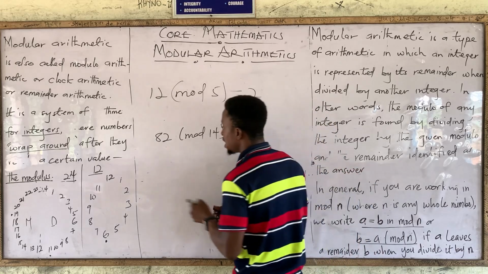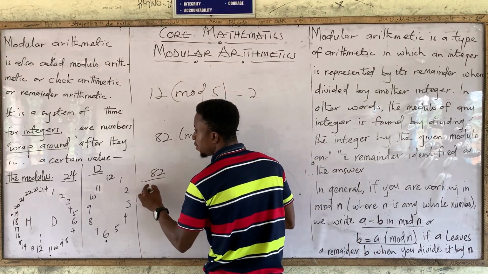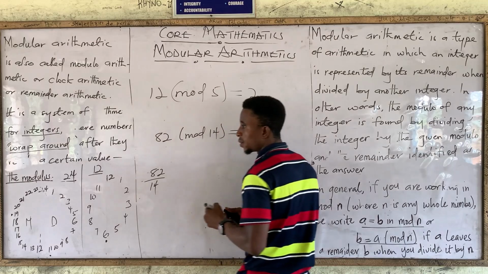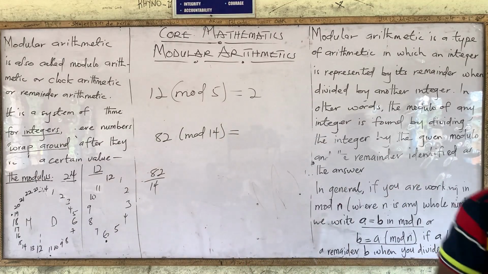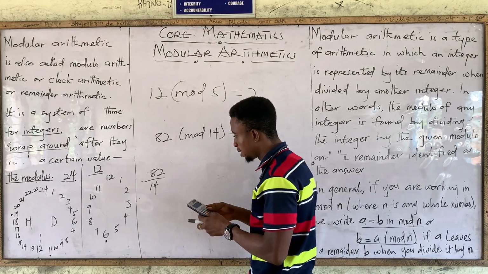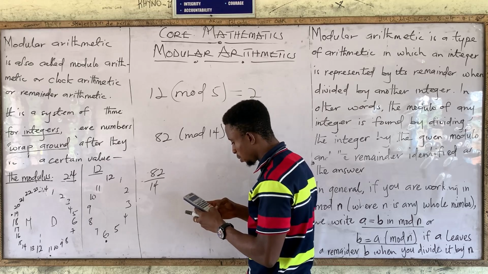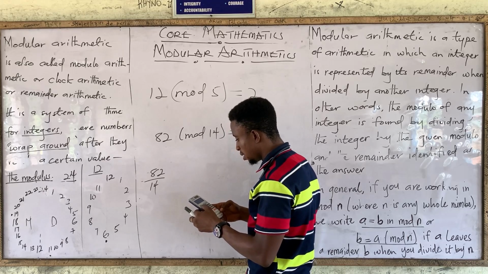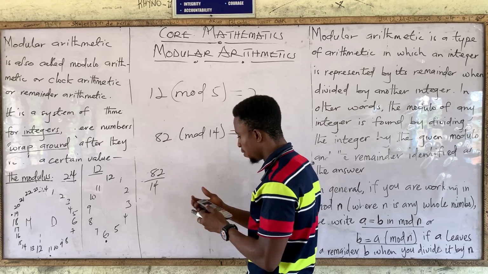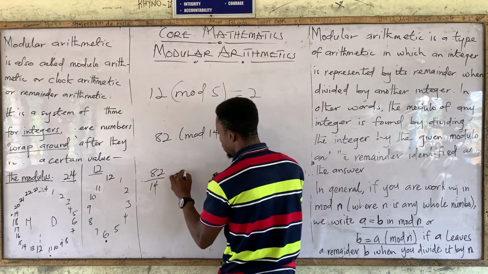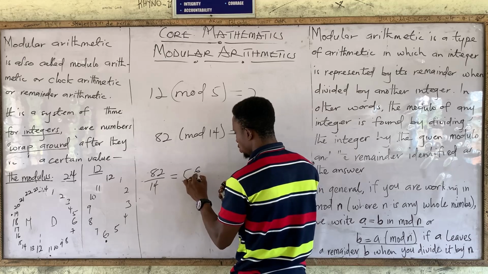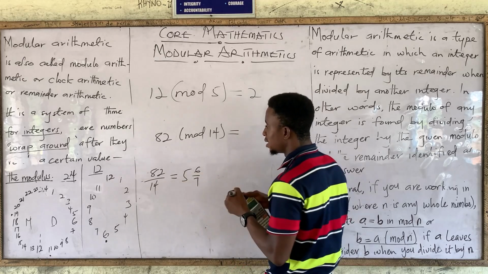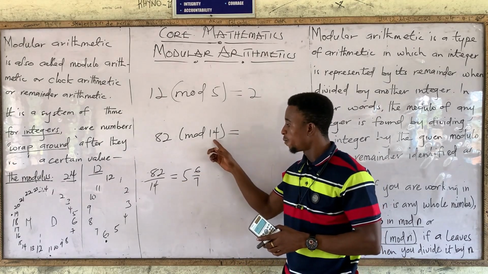Are we getting that? And we said to get the remainder, we say 82 divided by 14. Then you put that on your calculator, and then you convert to a mixed fraction. This one is getting me 5 whole number, 6 on 7. And the modulo is 14, it's not 7.